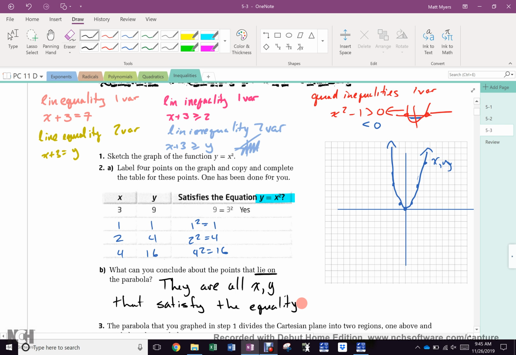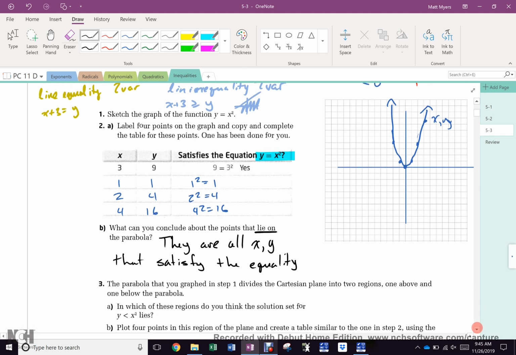So they will all satisfy the equality. How many points are on that parabola? Infinite points, right? As long as it's on the graphed line, and I should say curve, on the graphed curve, they will work in the equality. We all know that already, yes?